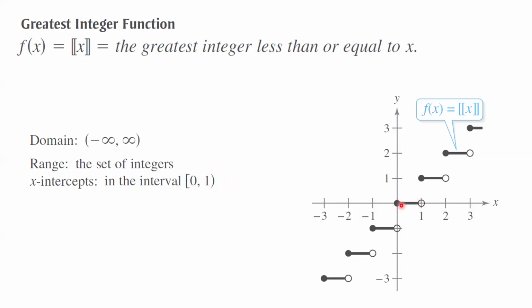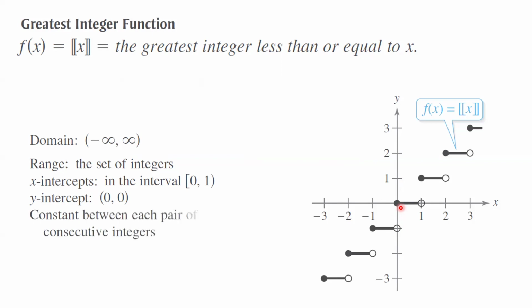The graph hits the x-axis between these values and 0 is included. What about the y-intercept? It only happens at the origin. The only value that hits the y-axis is at 0.